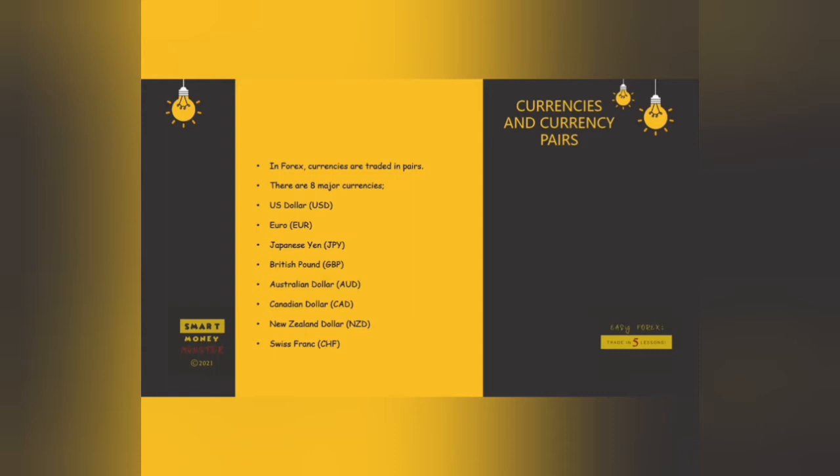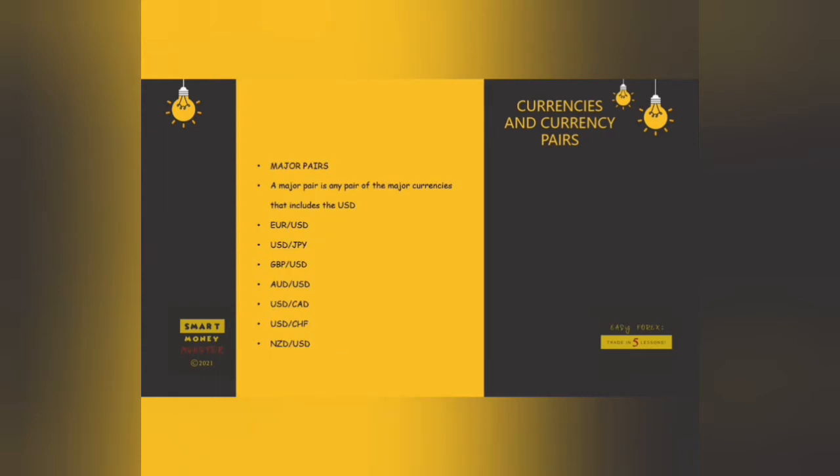So for you to say something is a major pair, it must have any of these currencies and the US dollar. So the major pairs: euro dollar, dollar yen, pound dollar, Aussie dollar, dollar loonie, dollar Swissie, kiwi dollar, basically. Those are major pairs. You must have the US dollar involved.